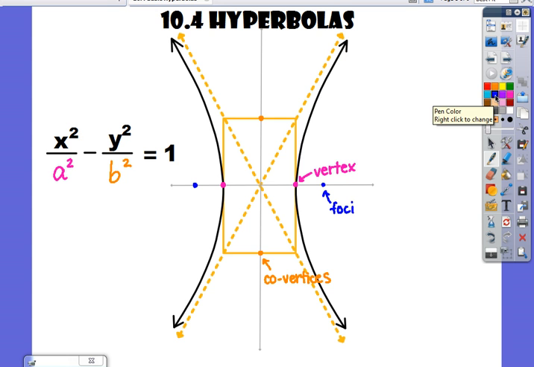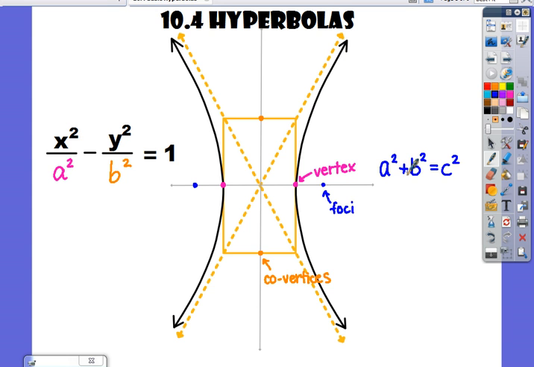To find the foci, we're going to use the equation a squared, but get this, this time it's plus b squared equals c squared. Remember, for ellipses, it was a squared minus b squared. So the equation for a hyperbola has a minus in it, but the a squared b squared has a plus in it, so it's just opposite. That would be how you could find your foci.